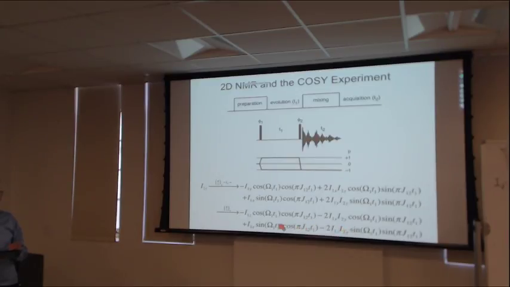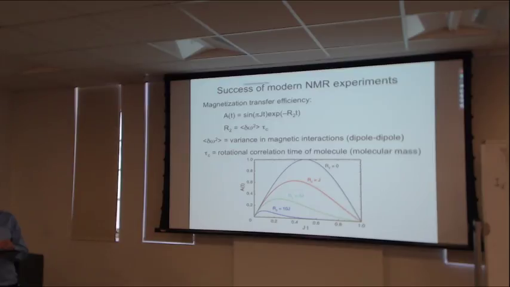When we do the second Fourier transform with respect to T1, we're going to be Fourier transforming these trigonometric functions. So the question is, what's the line shape that comes from Fourier transforming sine omega I T1 cosine pi J T1 versus sine omega I T1 sine pi J T1? What difference in line shape when we do those Fourier transforms?